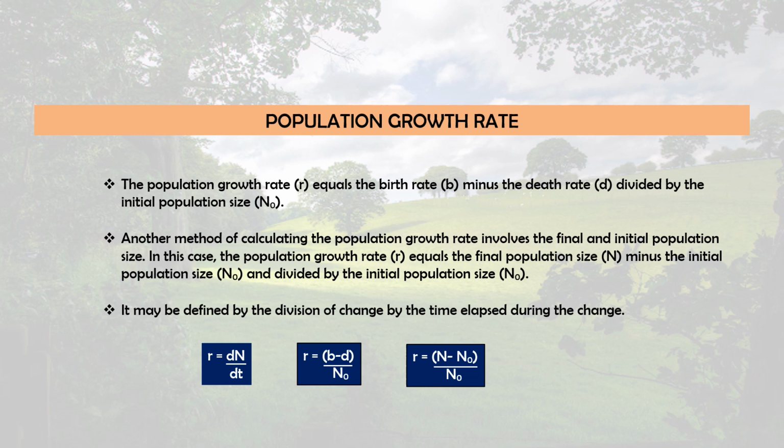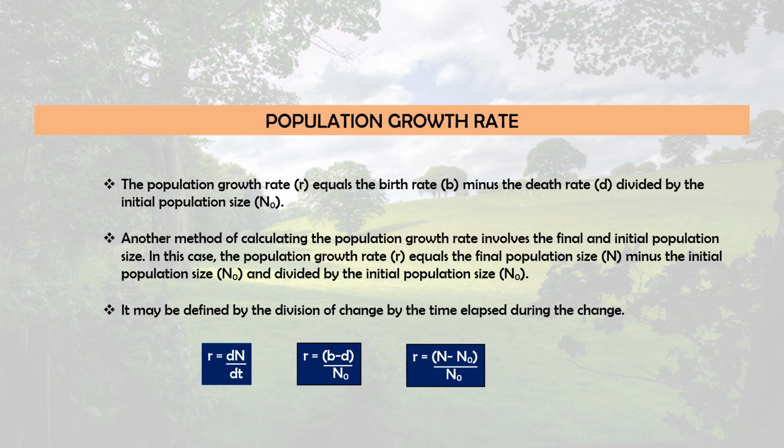Another method used for calculating the population growth rate is by subtracting the initial population size from the final population size and dividing it by the initial population size.